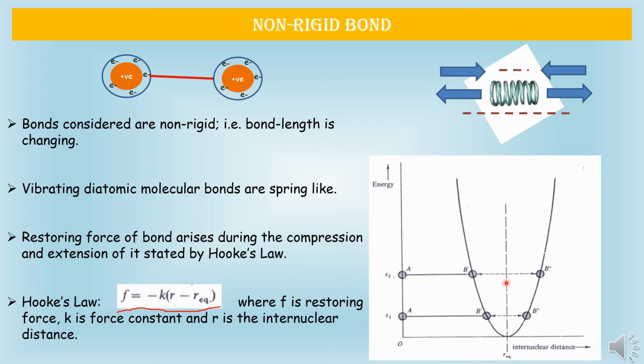That's why epsilon 1, which denotes the energy, is lesser than epsilon 2, where the restoring force required is more, because the distortion from the equilibrium position of B dash is lesser than B double dash.